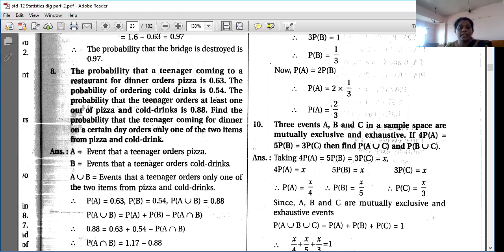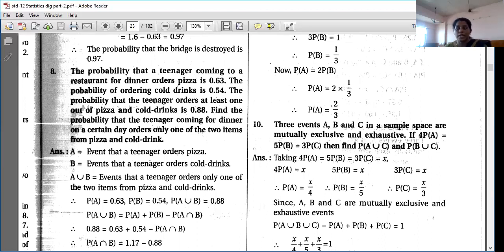The probability that a teenager coming to a restaurant for dinner orders pizza is 0.6. The probability of ordering cold drink is 0.5. The probability that the teenager orders at least one out of pizza and cold drink is 0.88. Find the probability that the teenager coming for dinner on a certain day orders only one of the two items from pizza and cold drink.